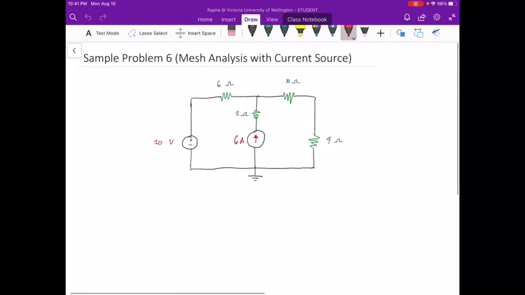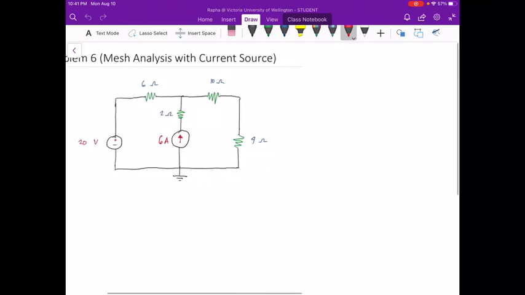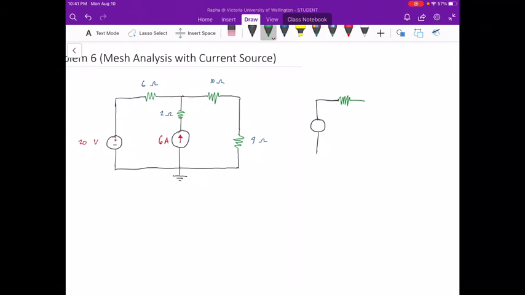I will give you an example. This will be a sample problem for mesh analysis with a current source. The first thing that we will do is redraw the circuit. So we have this voltage source, we have a resistor, but we will exclude the middle branch.